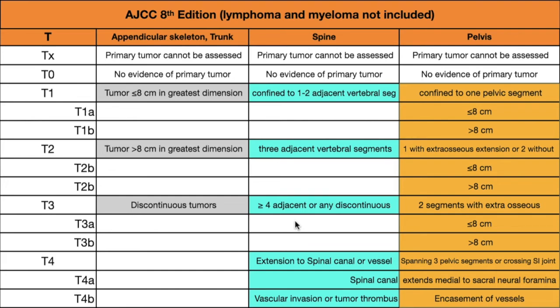And if we talk about the pelvis, T1 is confined to one pelvic segment, T2 is one segment with extraosseous component or two pelvic segments without extraosseous component. T3 is two segments with extraosseous component, and T4 is spanning all three pelvic segments or crossing the SI joint. Then T1 to T3 are divided into A and B based on the size, and T4 is divided into A and B, where A is extension medial to the sacral neural foramen, and B is encasement of the vessels.